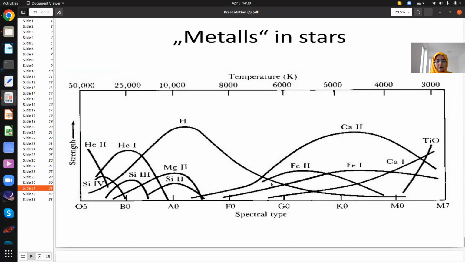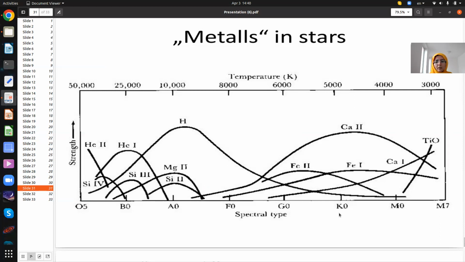Here you see the abundance of different elements in different spectra. For example, for an O-type star, we have silicon II, Mg II, and hydrogen. Hydrogen is high. In a B2-type star, we have silicon, helium I, and a little Mg II.